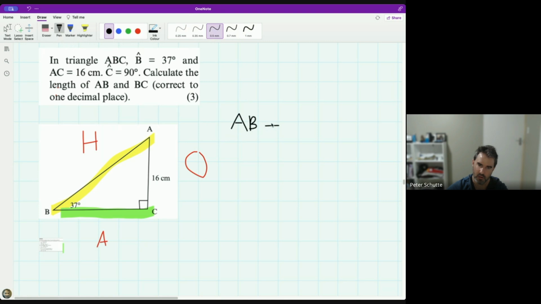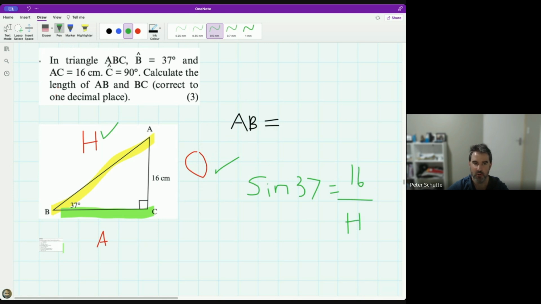So you know what O is. You want H. So the trig ratio that's involved is sine. And you are going to say that the sine of 37 is equal to O over H. So it's 16 over H.